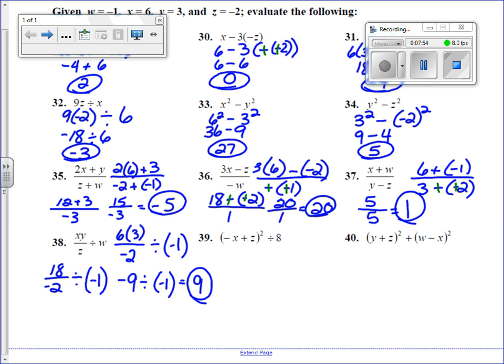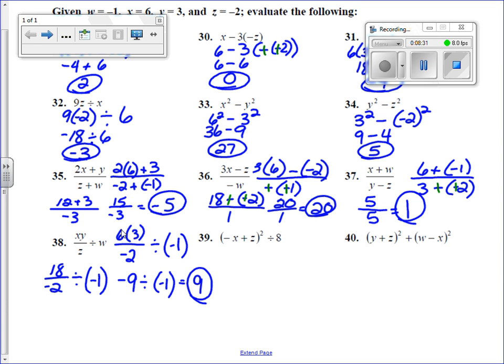Number 39. Let's see. So I have, let's see, negative x plus c. So x is negative 2. I'm sorry, I apologize.